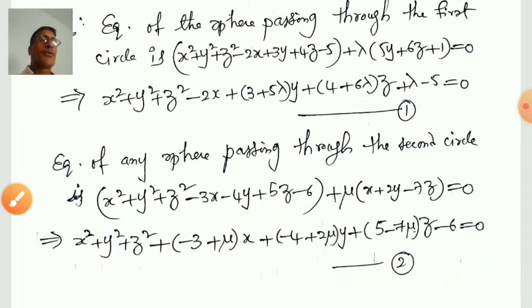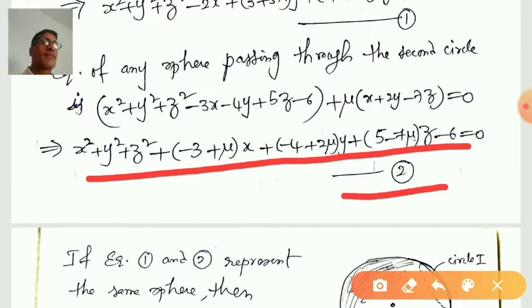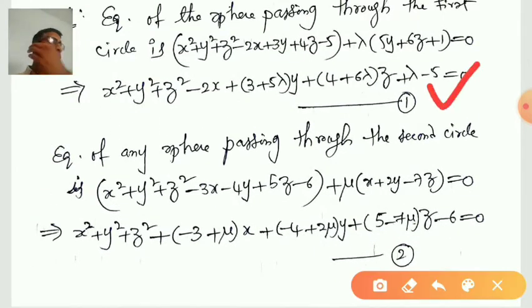On simplification, we will get equation number 2 like this. Equation number 1 gives the equation of the sphere passing through the first circle, and equation number 2 gives the equation of the sphere passing through the second circle. So here in this problem we have to prove that there is a common sphere to these circles.